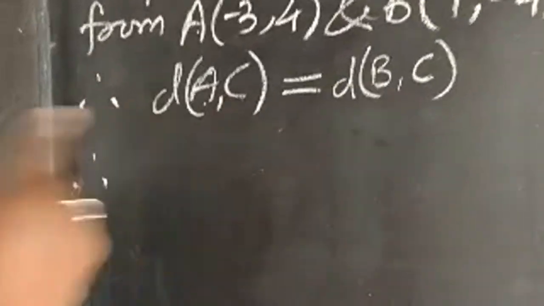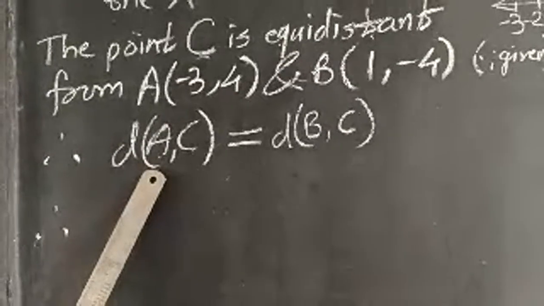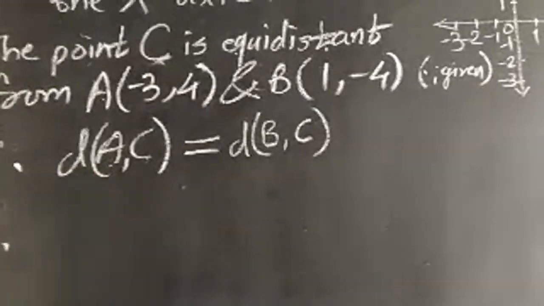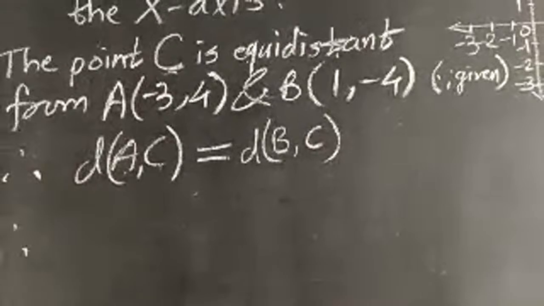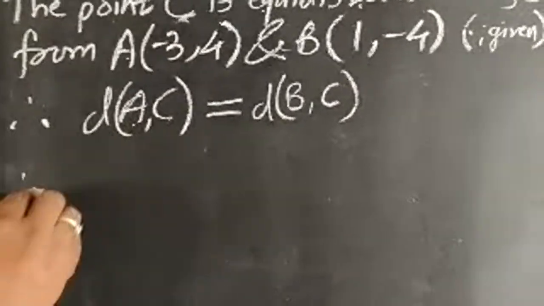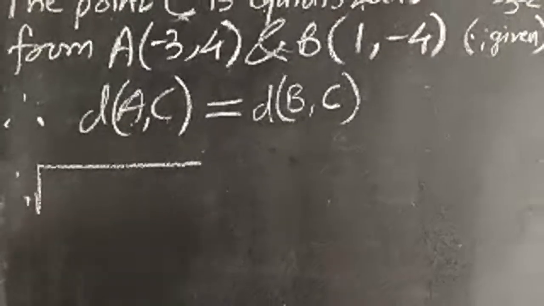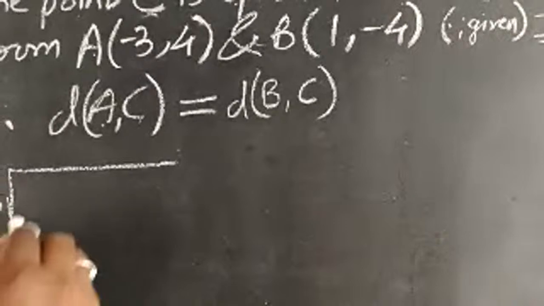Therefore, we write here, what do we use? By distance formula. Good. By distance formula, what do we write? In square root, (x2 minus x1) square.